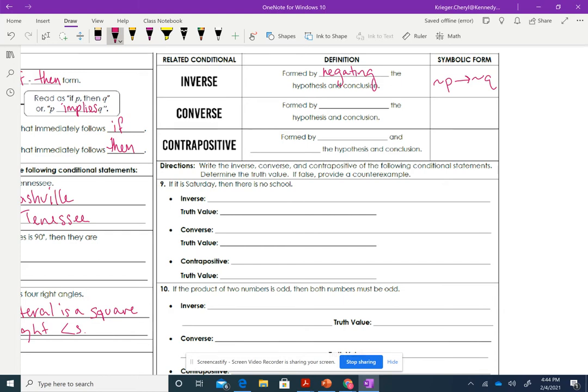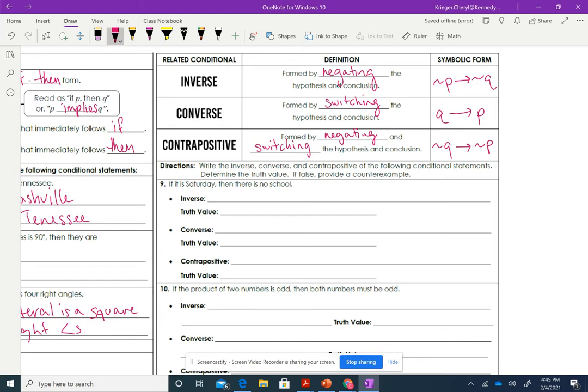A converse is switching P and Q, so if Q, then P. And finally, the contrapositive is a combination of both. We switch and negate the hypothesis and conclusion, so if not Q, then not P.